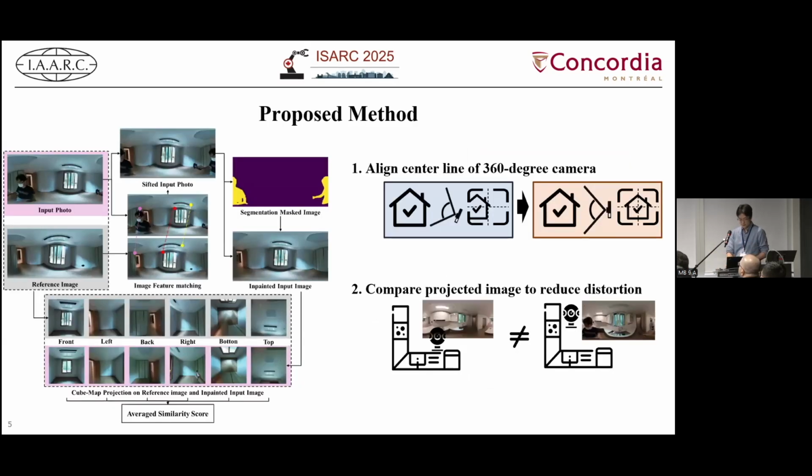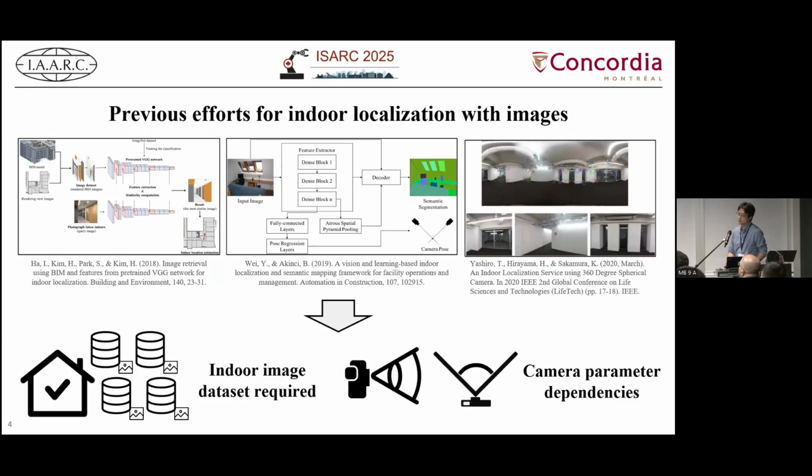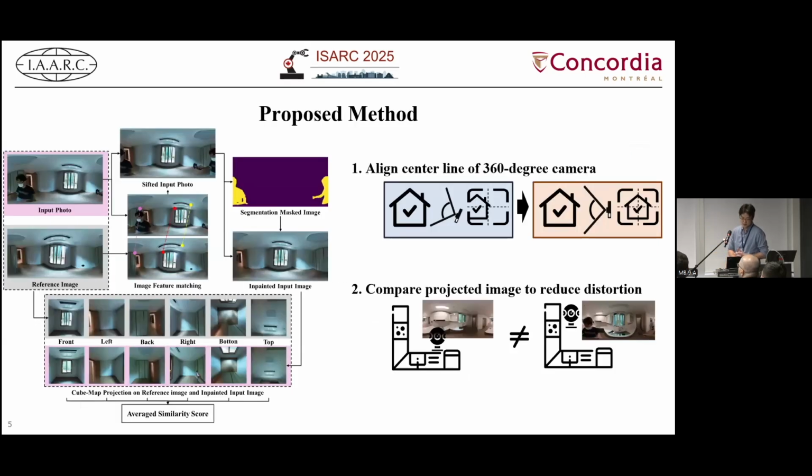Nevertheless, such methods have shown quite robust and good performance, but they require the preparation of a large image dataset for training the models, and some approaches depend on camera parameters to be adjusted. So in this study, we propose two processes to achieve robust indoor localization using an omnidirectional camera.